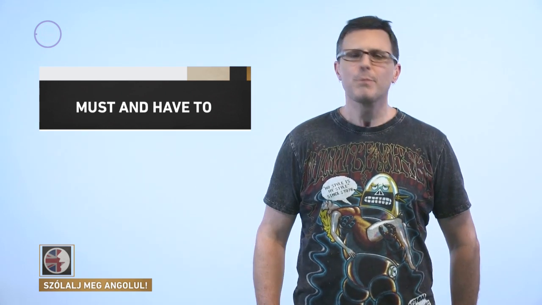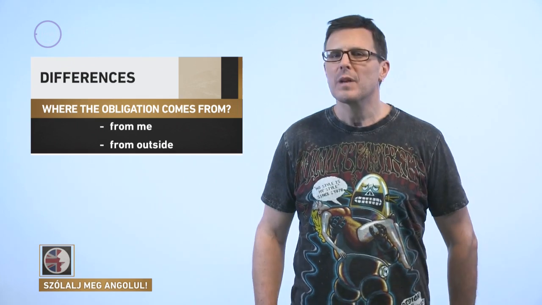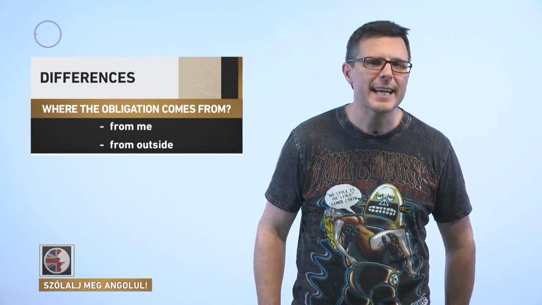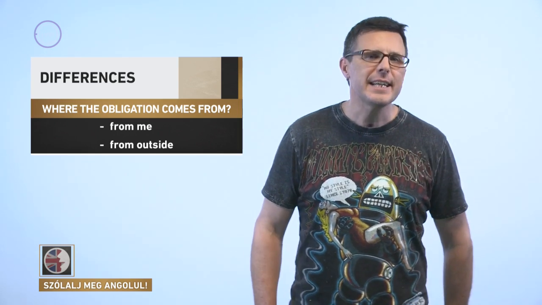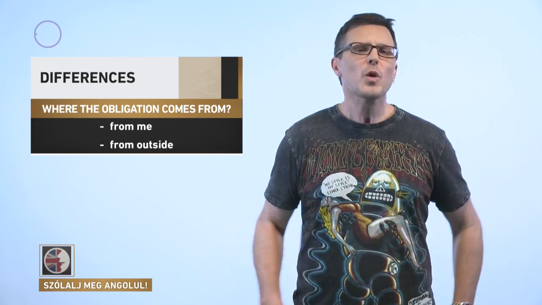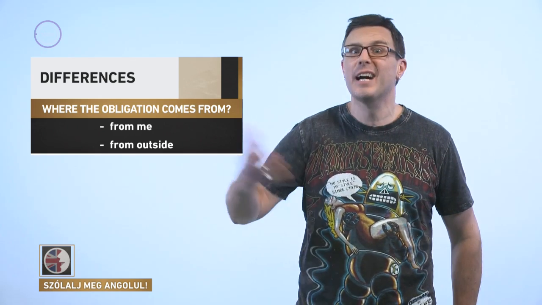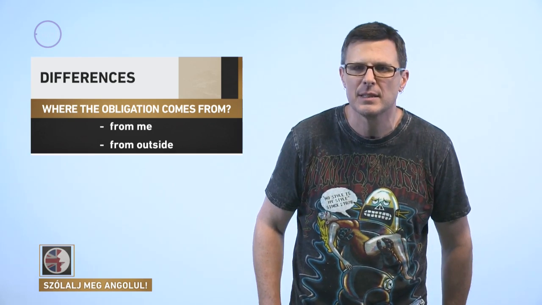Now, what about the differences? Does anyone remember the differences between have to and must? Yes, well, the main difference is connected to where the obligation comes from. The idea of whether the obligation comes from inside, from me, or whether the obligation comes from outside, from a rule or a law or something like that.